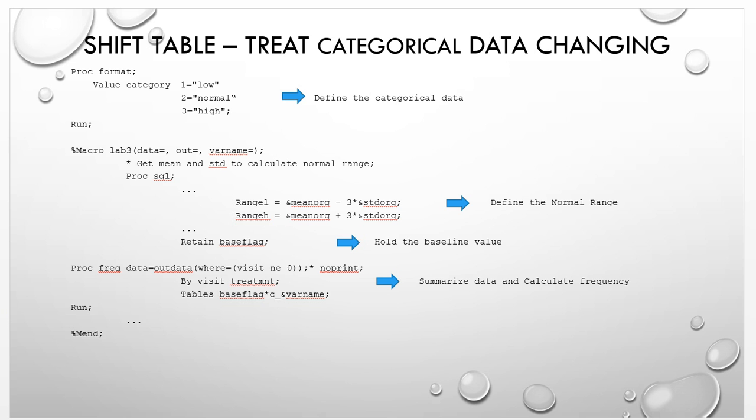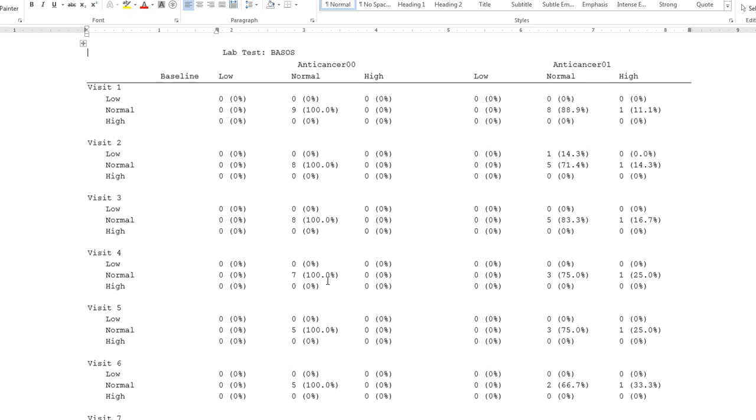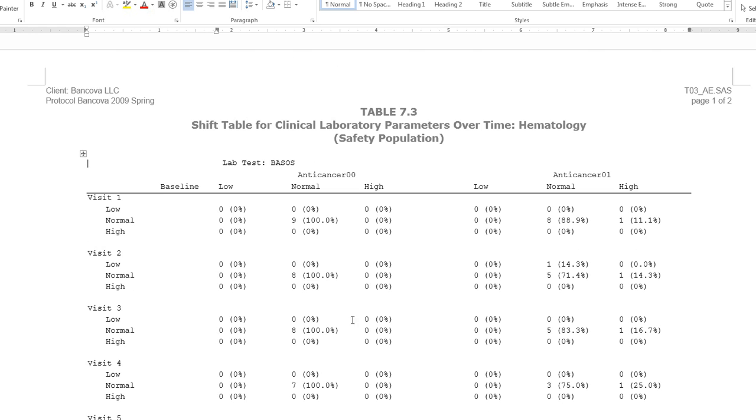When this is done, I call this macro again and get the third, shift table. Here you can see in each unit we have a 3 by 3 data output.